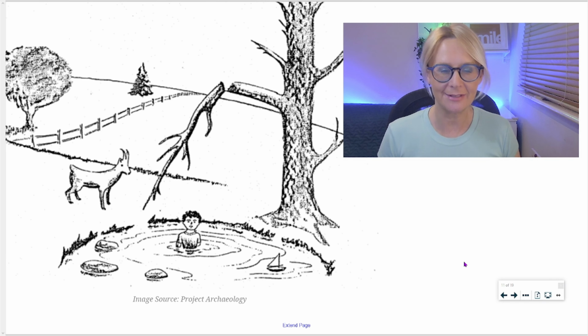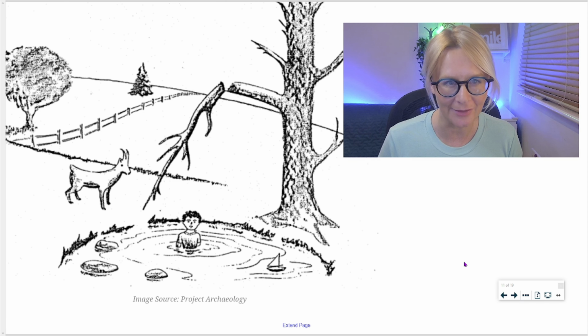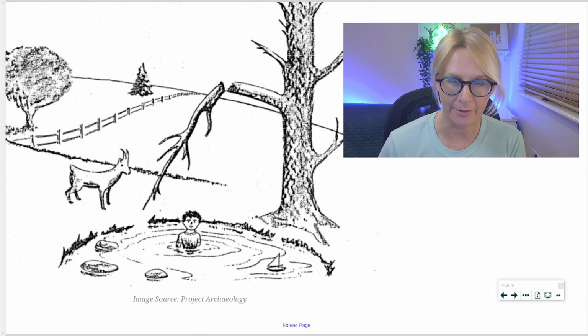So if we take this image to help us and we think about the first word, observation. Observation is all about noticing, using all of our senses, to see and notice and hear. So let's have a go at looking at this picture and I just want you to observe and notice a few things. We can see that there is a broken branch.